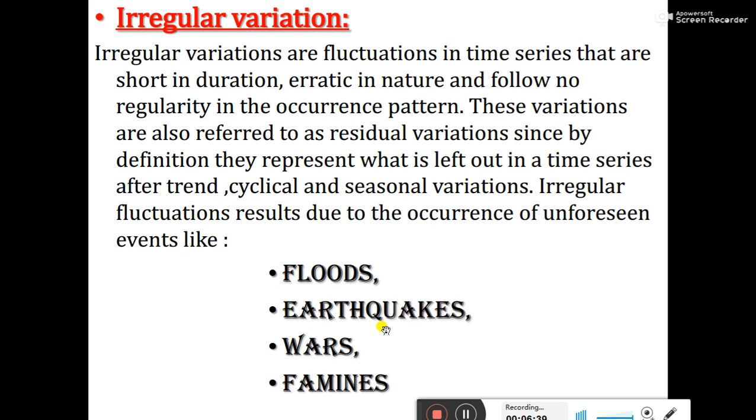Irregular fluctuations result from the occurrence of unforeseen events like floods, earthquakes, wars, famines. There are lots of other irregular events due to which market or business trends might change, which you cannot predict like trend, cyclical, or seasonal variations.